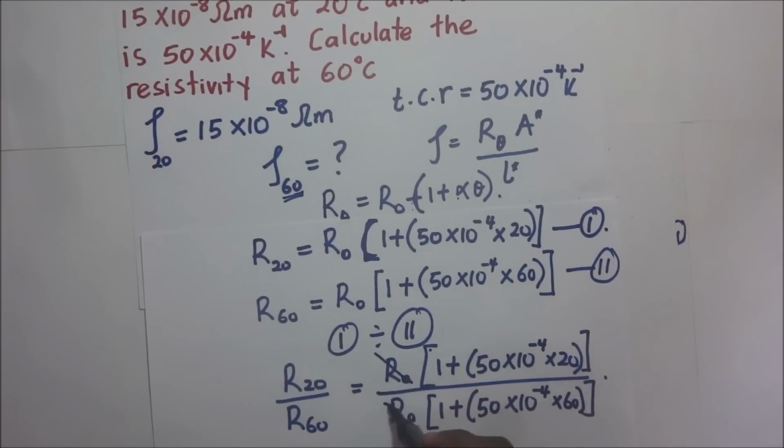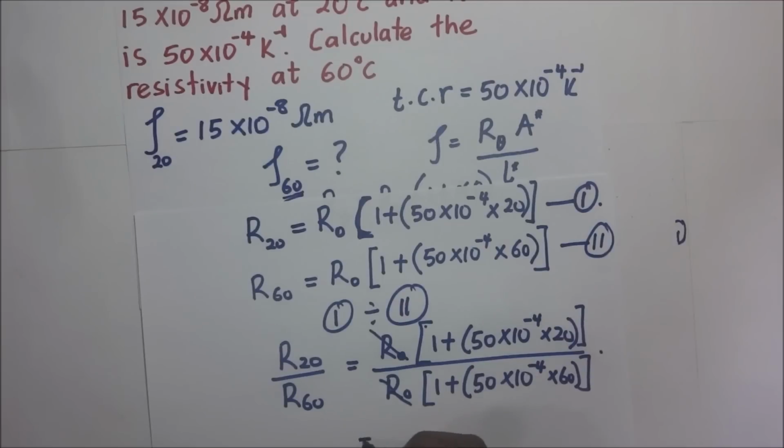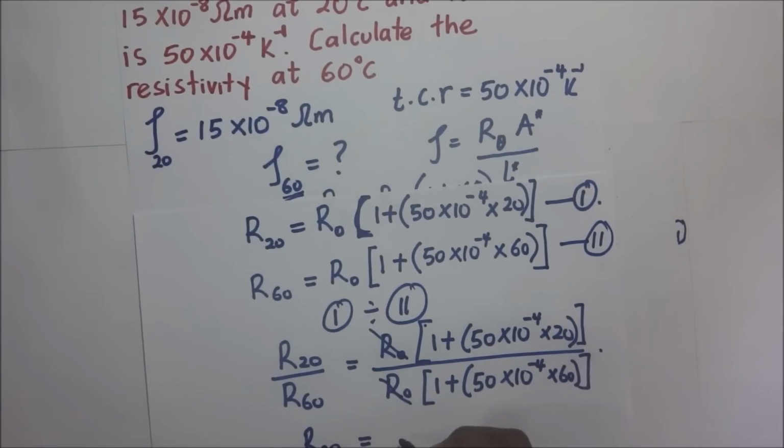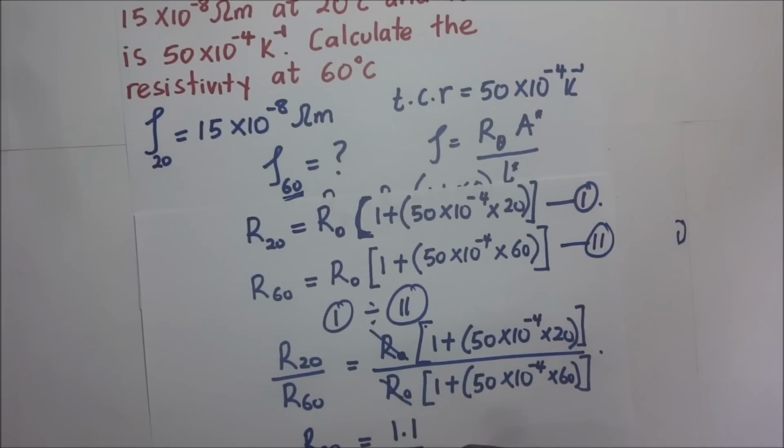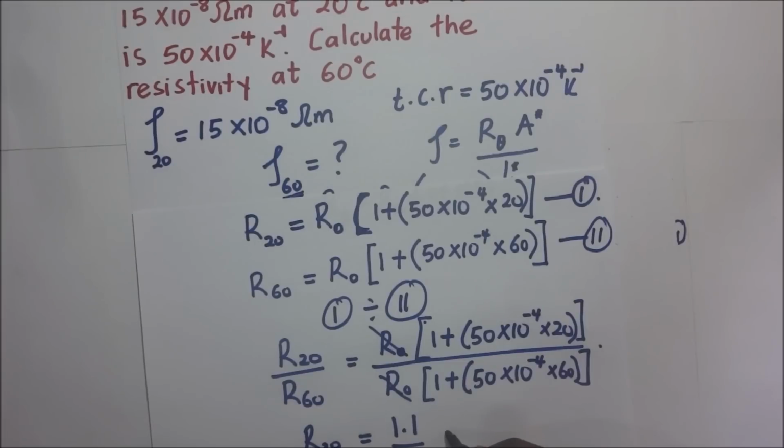Of course the R naught cancels. R20 over R60 is going to leave us with 1.1 divided by 1.3. So we have an expression there. Let's give it a star.